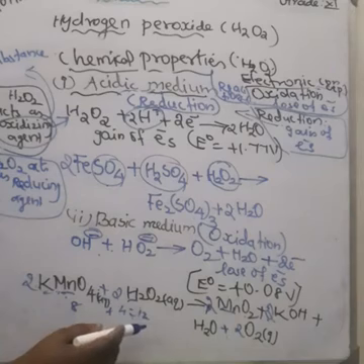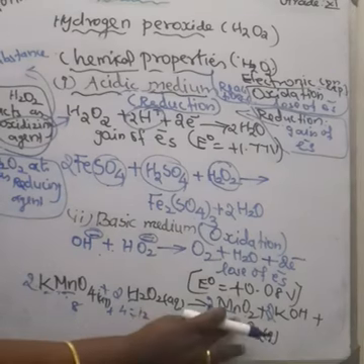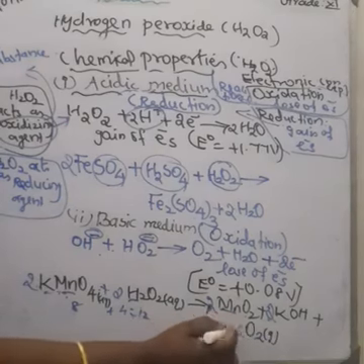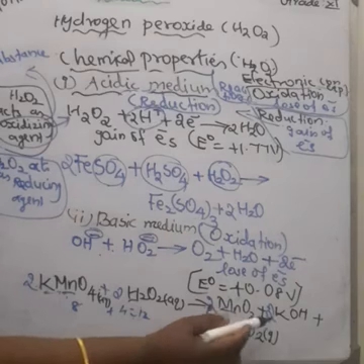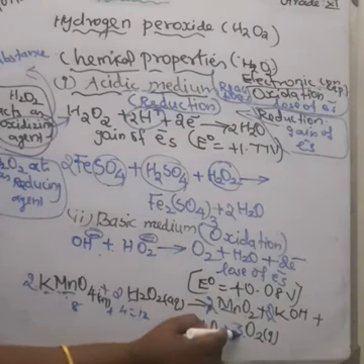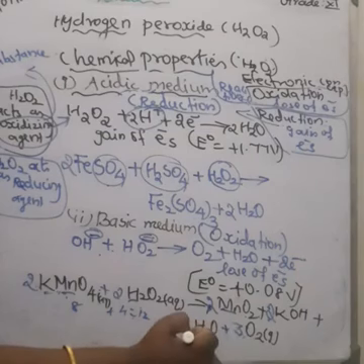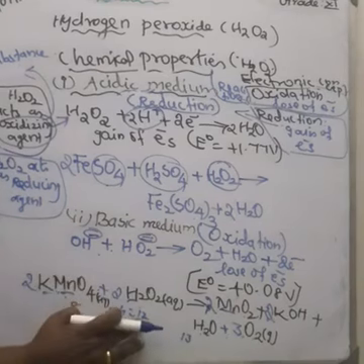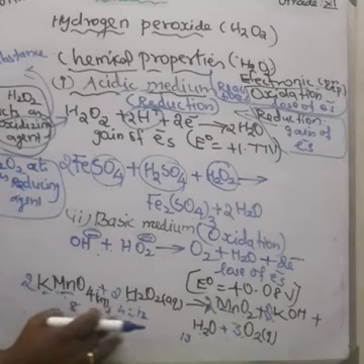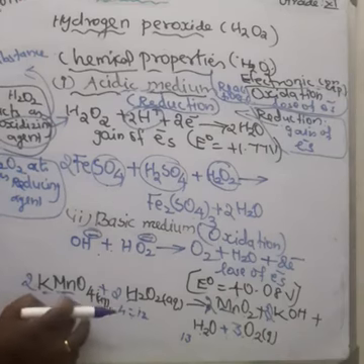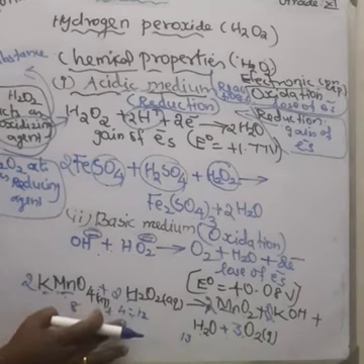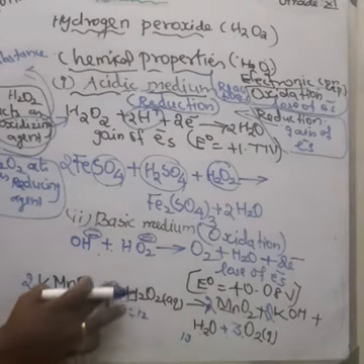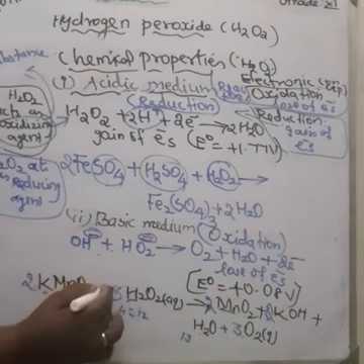So we make it 3. 2 twos are 4, 4 plus 2 6, 6 plus 1 7, 7 plus 3 twos are 6, means 13 oxygen. But the other side has 4 twos are 8, 8 plus 4, 12 oxygen only, so we make it 3.